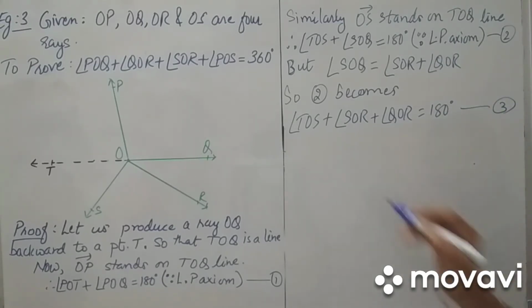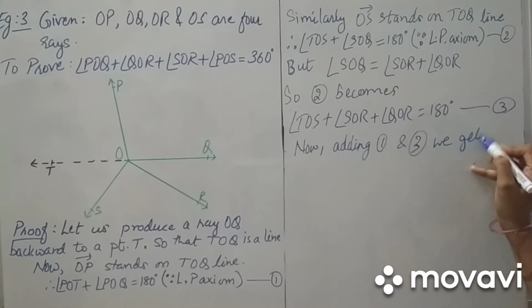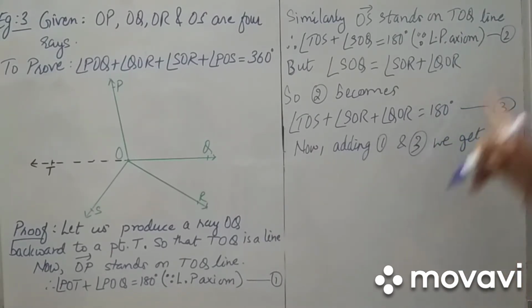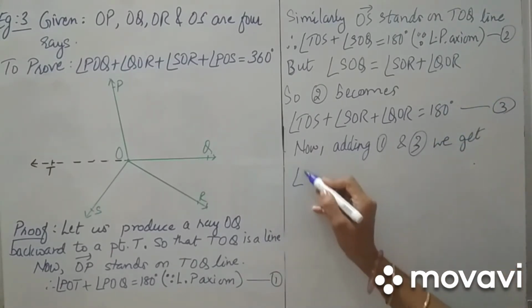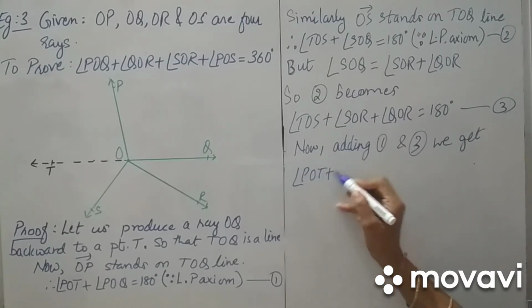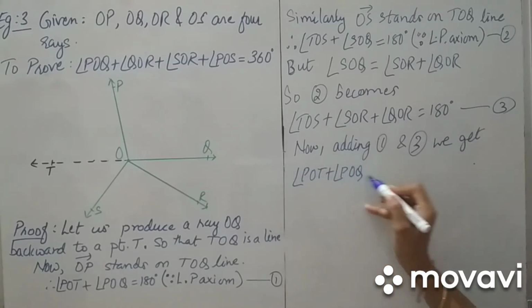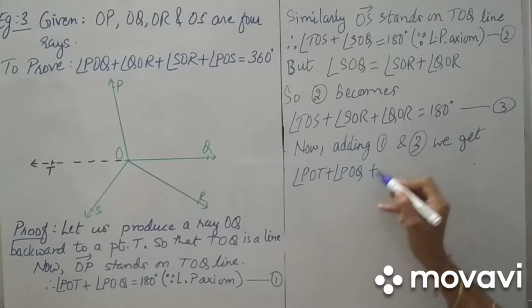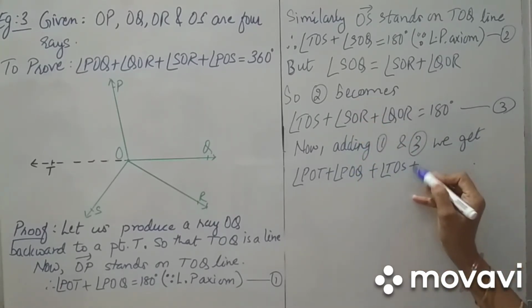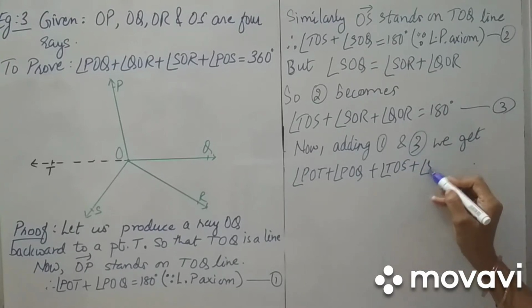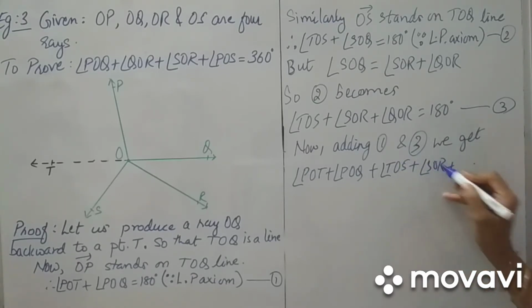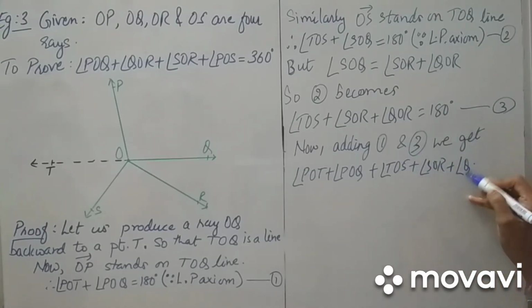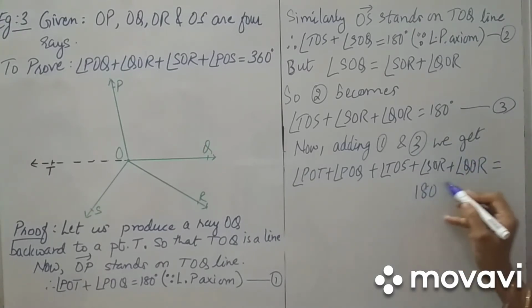Now adding 1 and 3, we get angle POT plus angle POQ plus angle TOS plus angle SOR plus angle QOR is equal to 180 plus 180.